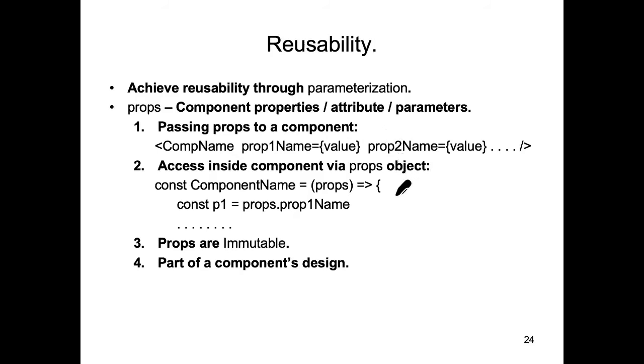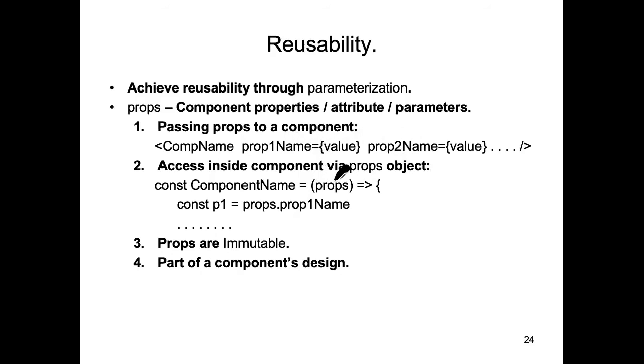Inside the component, then, how do you actually access them? Well, it turns out our component function by default has an argument. You can call the argument anything you want to, but the convention is to call it the props argument. So this is an object, and it's actually constructed at runtime by the React framework. And this object will have key value pairs corresponding to the key value pairs that you have expressed here.